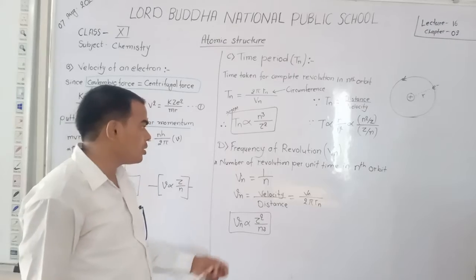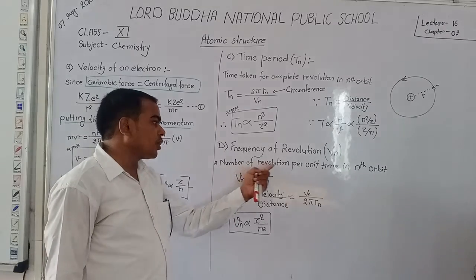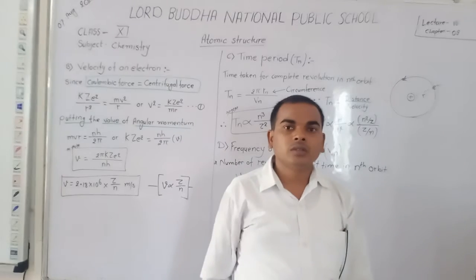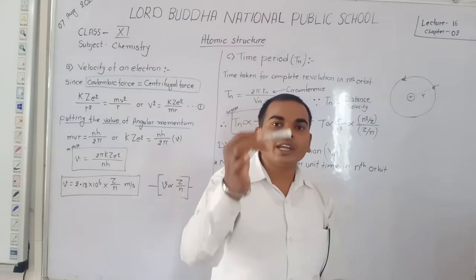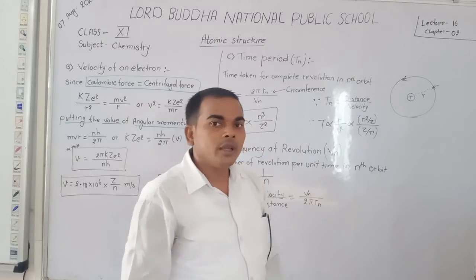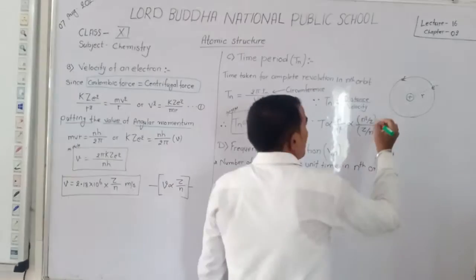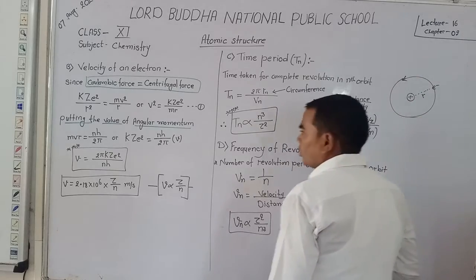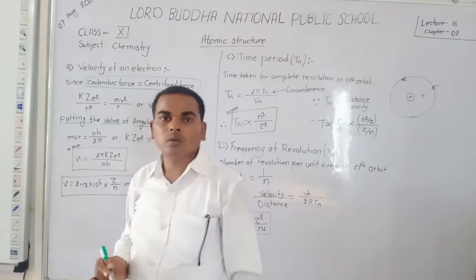It means in 1 second, how many revolutions take place in the orbit by the electron. It means in unit time how many revolutions are completed by the electron. This is the frequency of the electron.